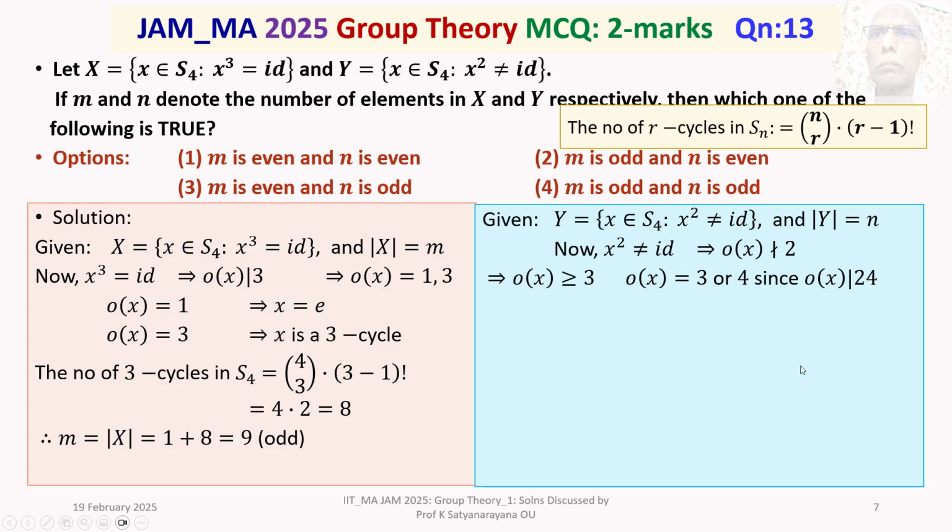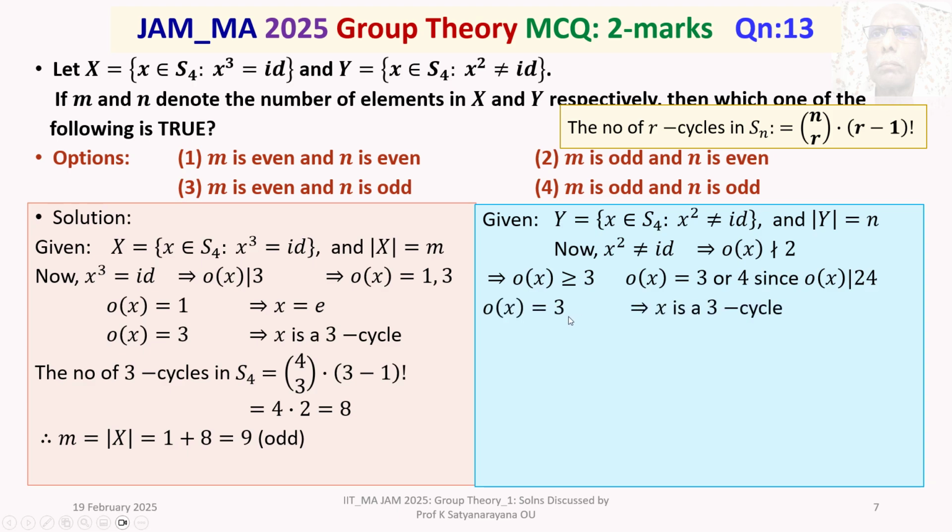Do we have that? No. If you want 2 disjoint cycles of length 2 and 3, you need to have 5 symbols. But we have only 4 symbols. So, the order of x is not 6, and so on. So, the order of x is 3 or 4 only, which is a good observation.